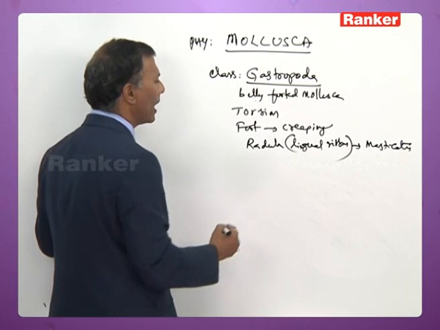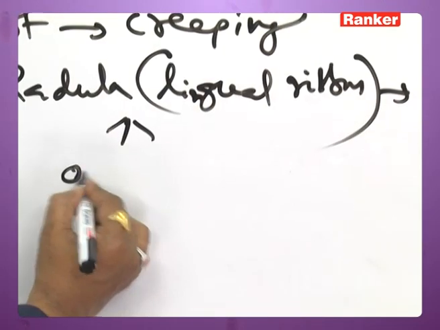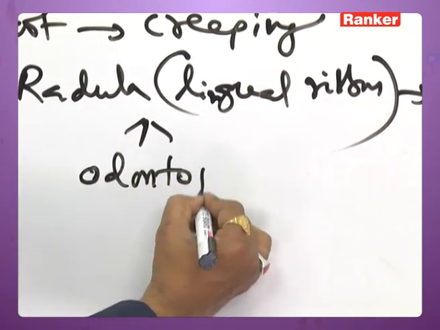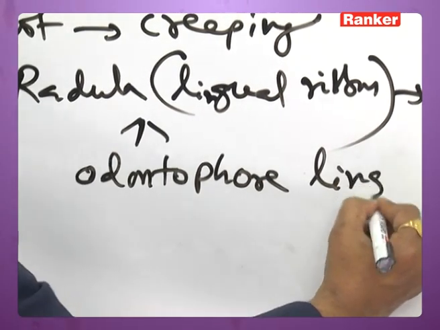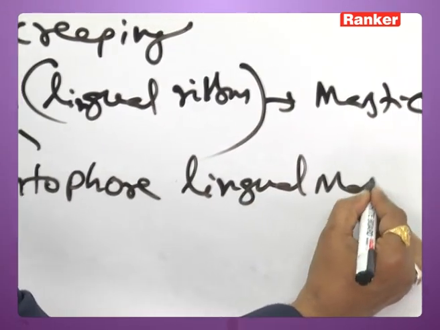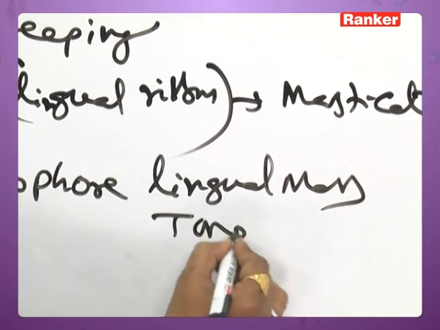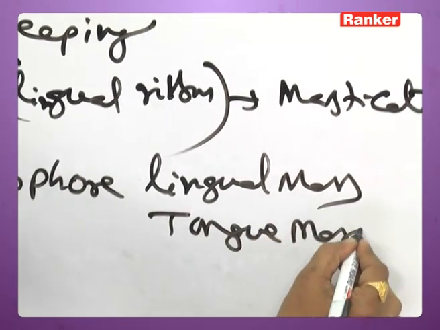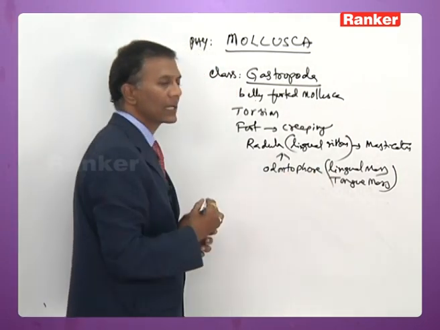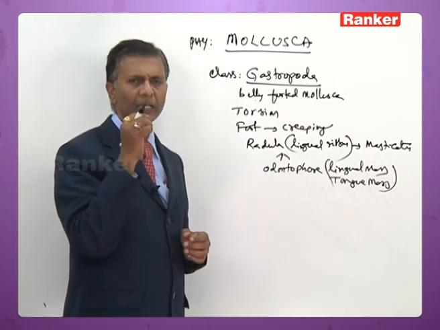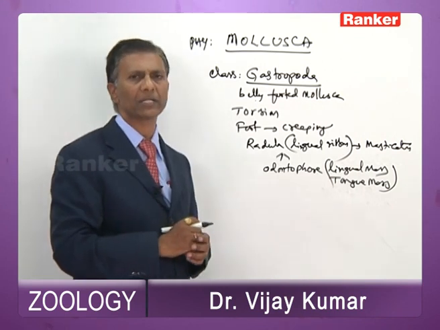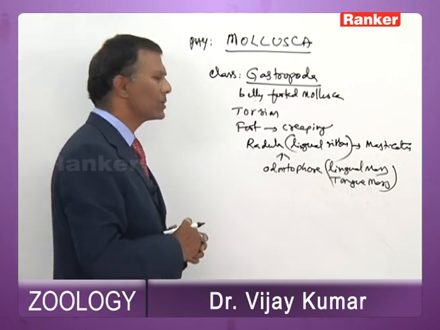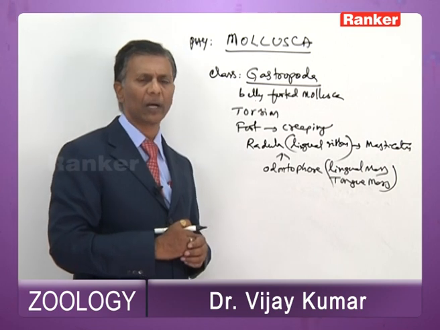The radula lies on the odontophore, which is called the lingual mass or tongue mass. Most of the gastropods are unisexual.